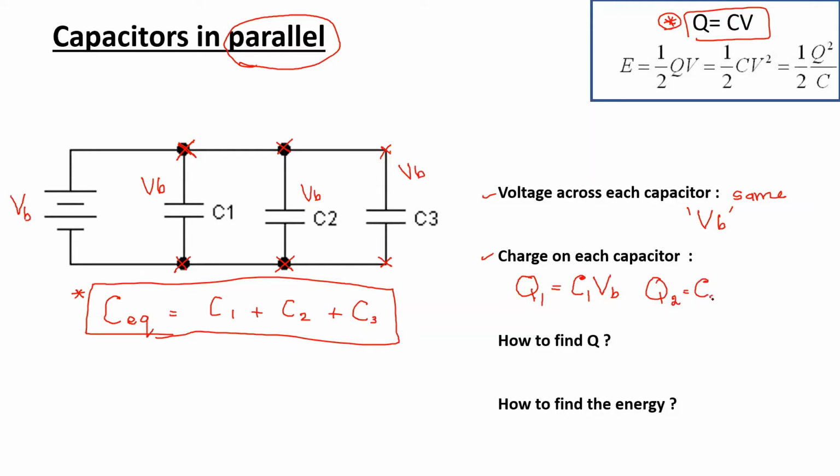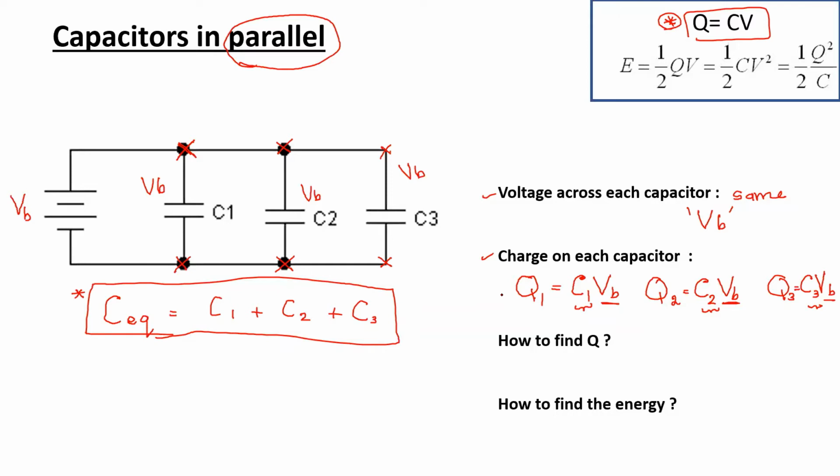Charge in the second one is its capacitance times the voltage across it. Charge in the third one is its capacitance times the voltage across it. So here you can see that the charges are different, right? Although the voltage is the same, although V_B is the same, charge on each of them will depend on the value of the capacitor, right? Okay, so they are different.